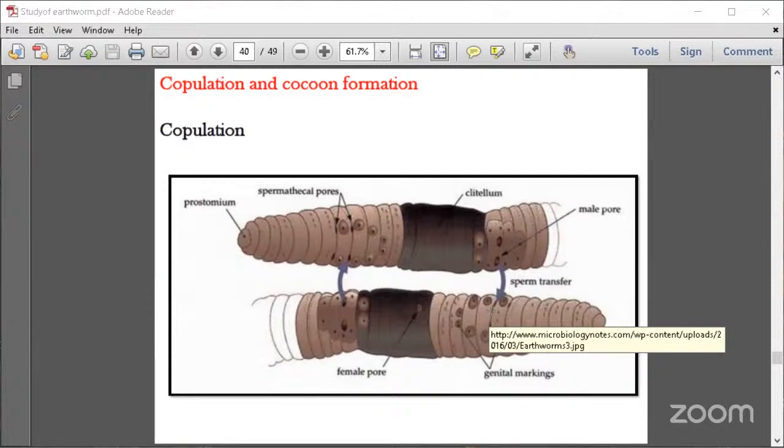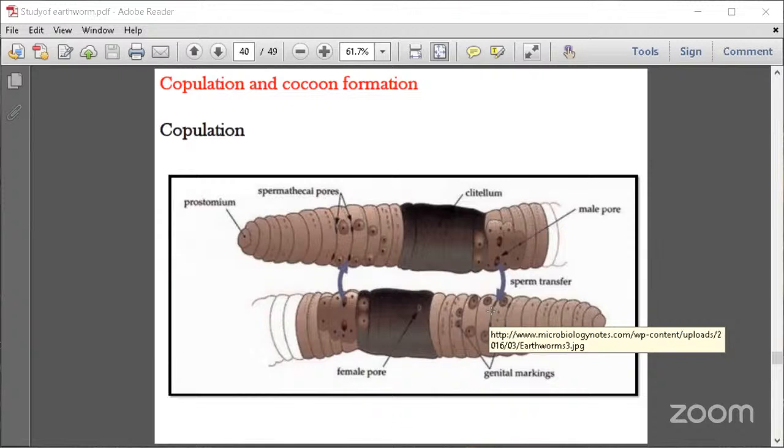Copulation. Here you can see the prostomium, spermathecal pores, clitellum, male pores, sperm transfer and genital markings, and female pores.